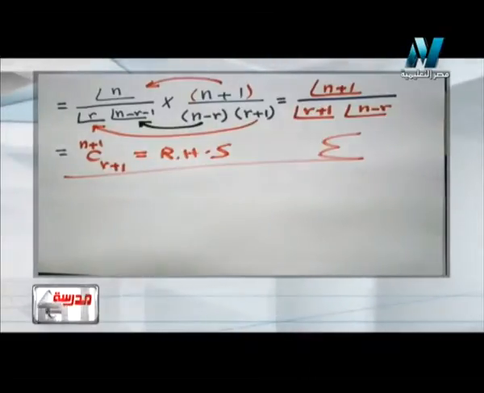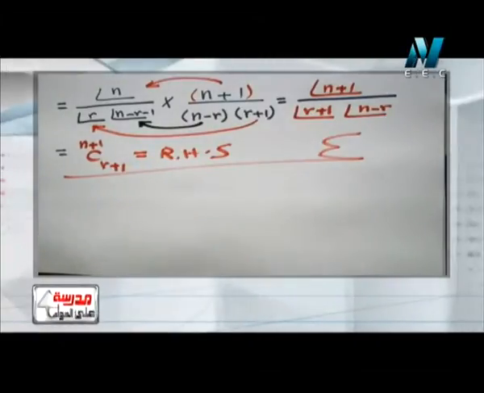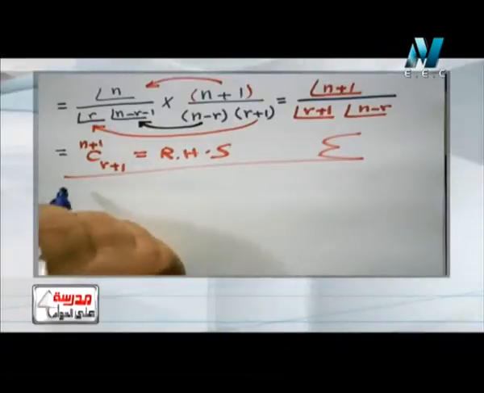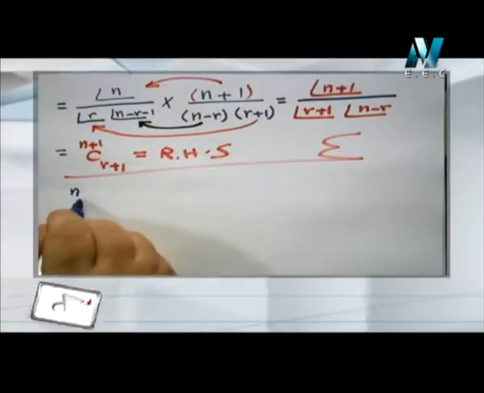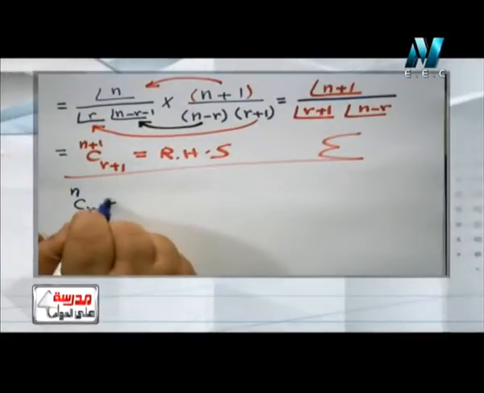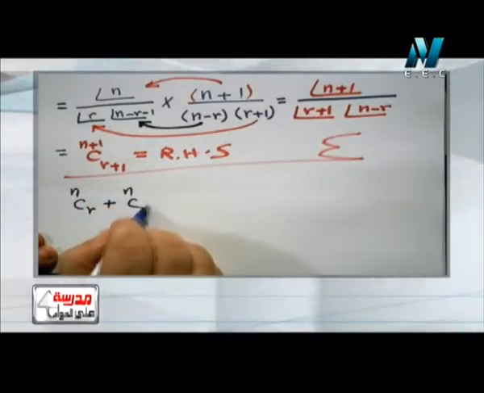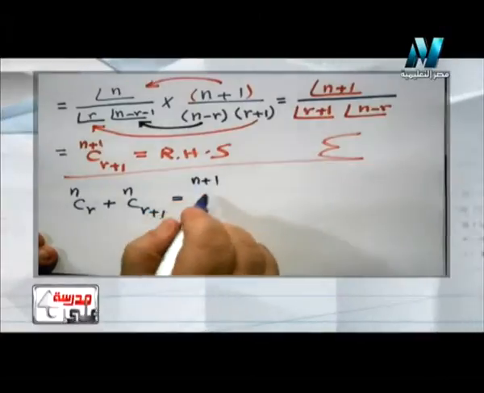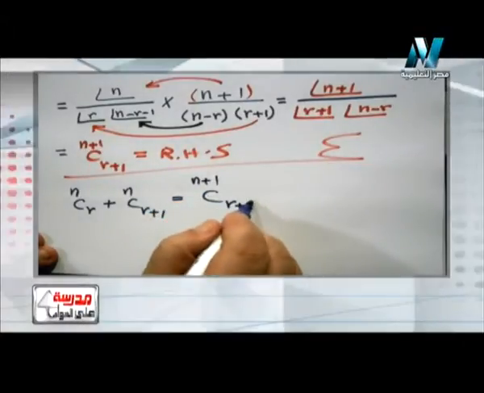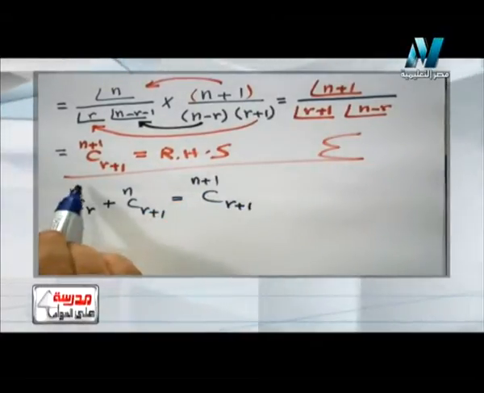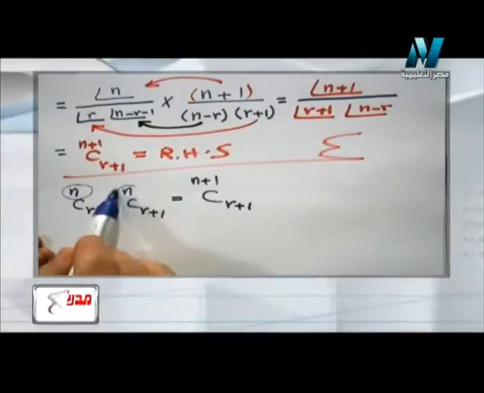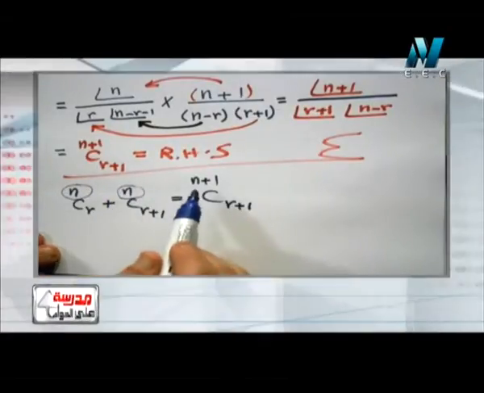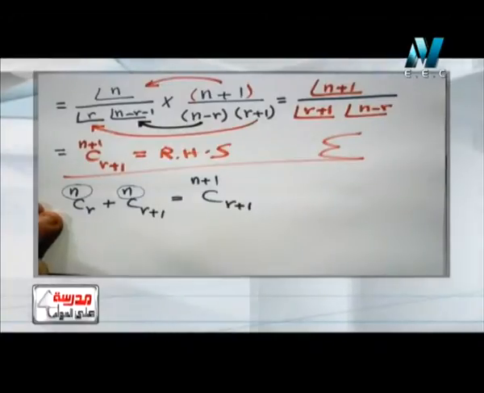I want to say, kids, look with me. We said here NCR plus NCR plus 1 equals N plus 1 C R plus 1. Look, kids: having the same N on the left hand side, on the right hand side it is equal to N plus 1, so N increased by 1.